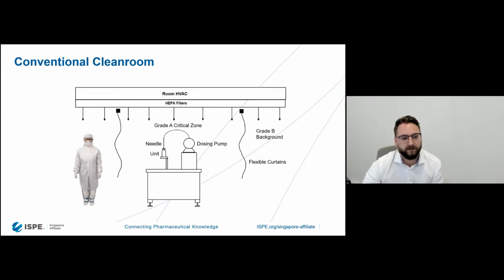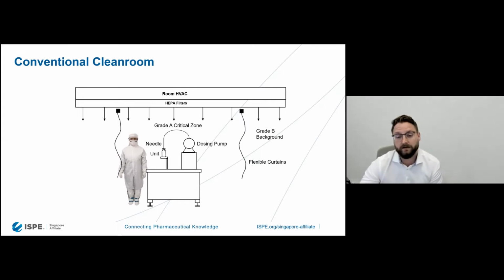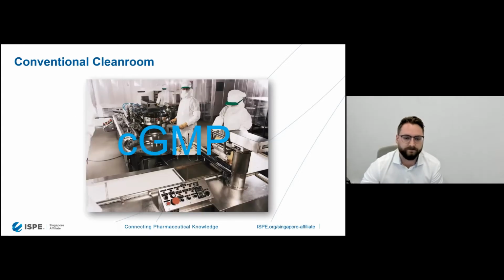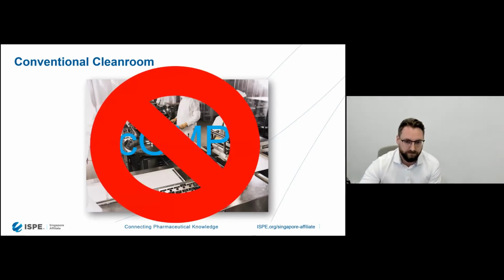So once they're inside the critical zone, it's very difficult to control what happens, very difficult to qualify, and very difficult to justify that it is sterile after the intervention is complete. So is a conventional clean room setup considered GMP by today's regulations? Most people would say no at this time.